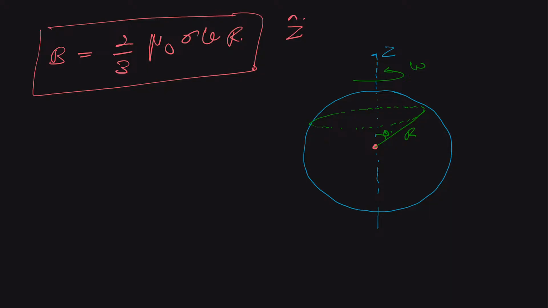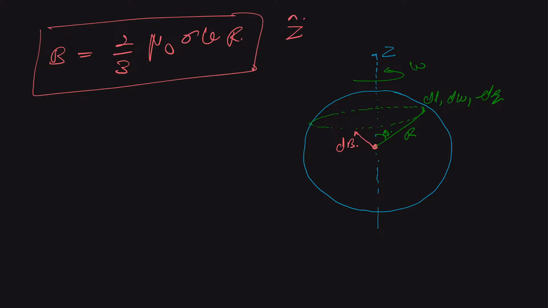So for our ring, we assume that if dl is the current element, its width is dw, and the charge it is holding is dq. From here, we try to find out what will be the value of magnetic field at this point, which is supposed as our dB.